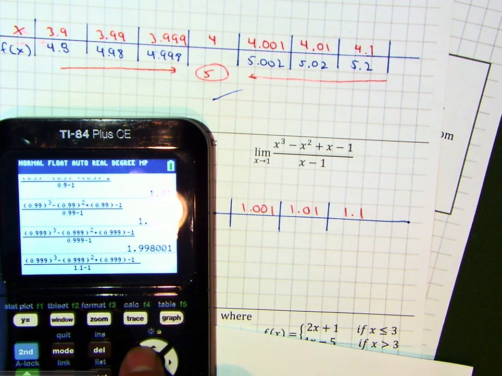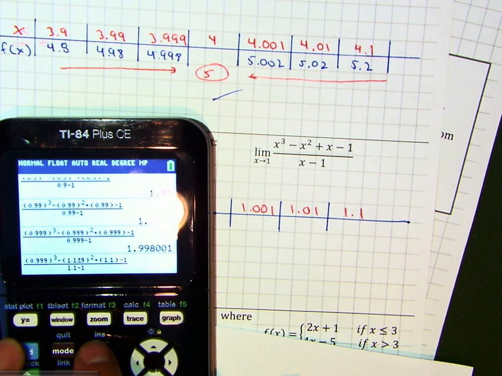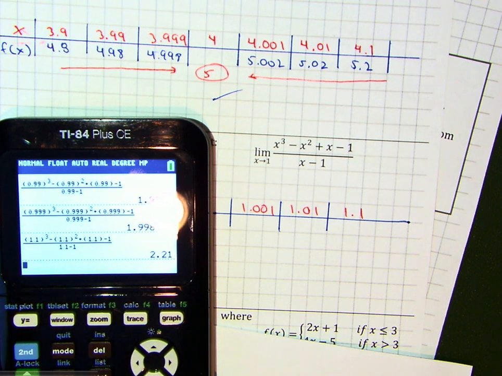Just make sure that you do it carefully. Forgot parentheses in there. So therefore, that gives me 2.21.